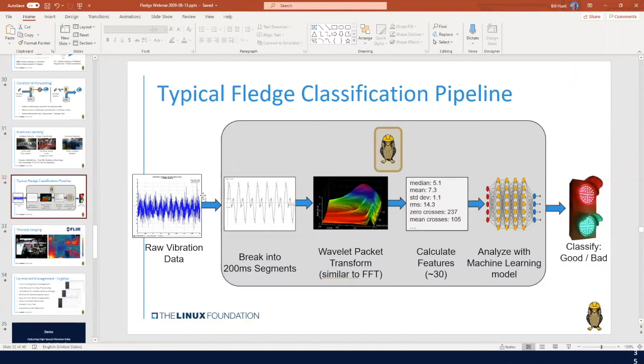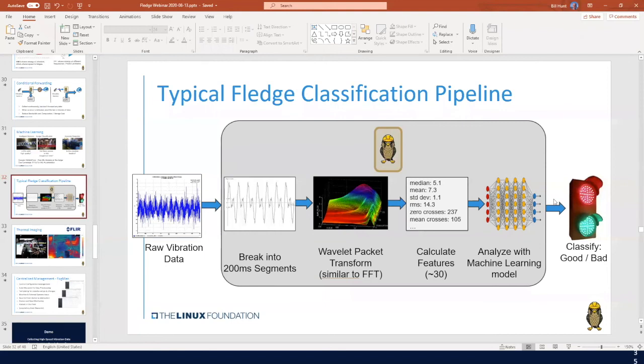For example, one feature is the median of it. One is the mean, the standard deviation, the number of times the graph crossed the zero, the number of times it crossed the mean, the kurtosis. There's just a whole bunch of these. And so you can think of all those features times all those frequency slices as a fingerprint of that 200 millisecond segment of time. And then that's basically fed into a model, and the model comes out and says good or bad.